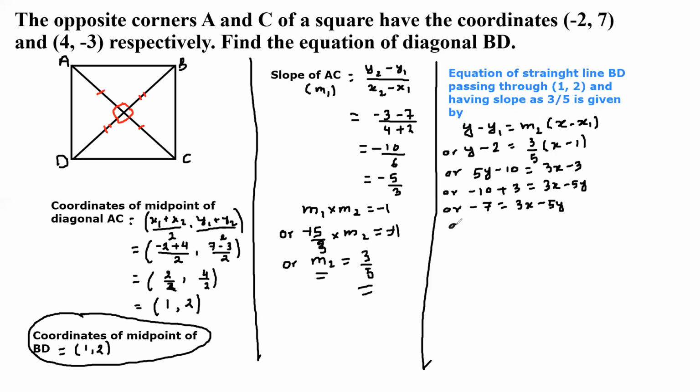Or we can just say it is 3x minus 5y plus 7 is equal to 0, right? So this is the equation of diagonal BD. Here we found the equation of diagonal BD. Now you know how to find the equation of the diagonal of the square.